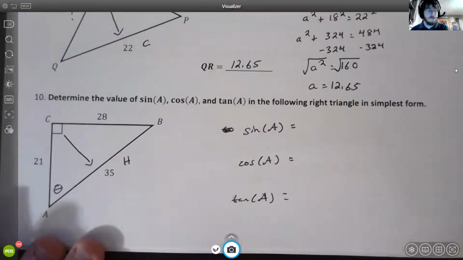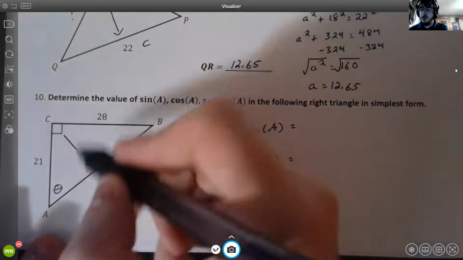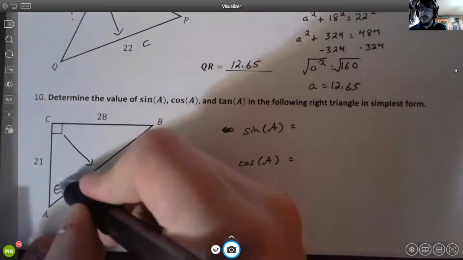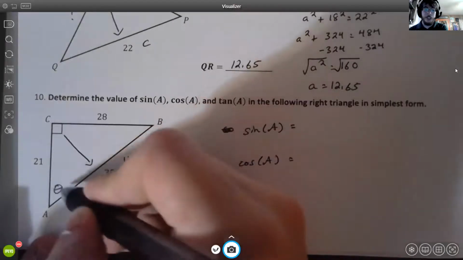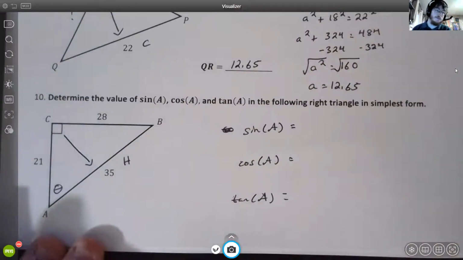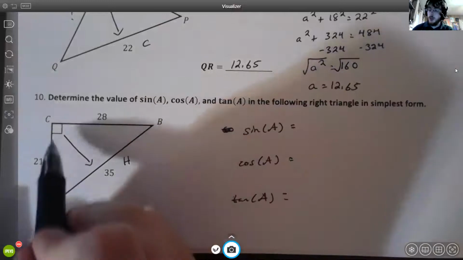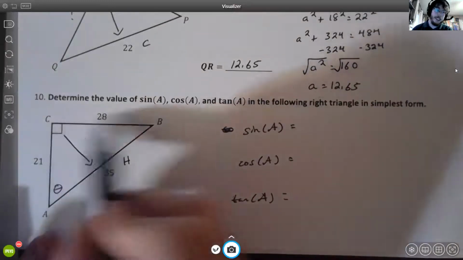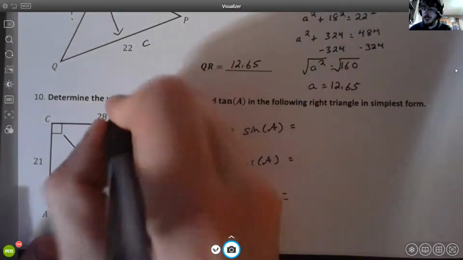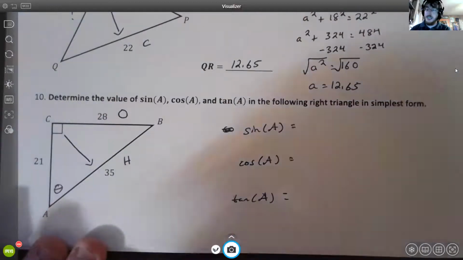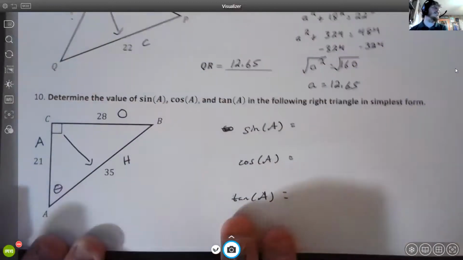The side that does not touch where theta is is the opposite side. So would that be 21 or would it be 28? Well, 21 touches theta, 28 doesn't, so 28 is our opposite side, and that would mean 21 has to be our adjacent side.